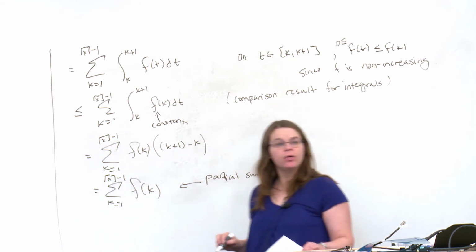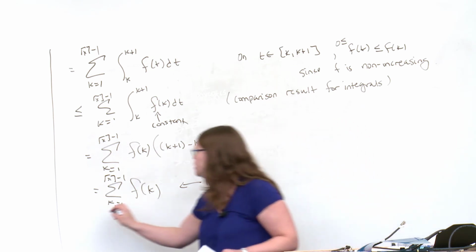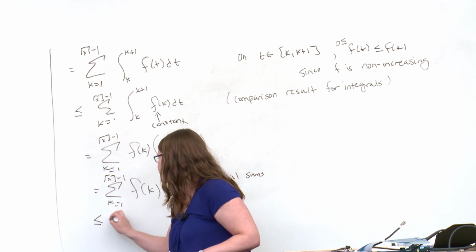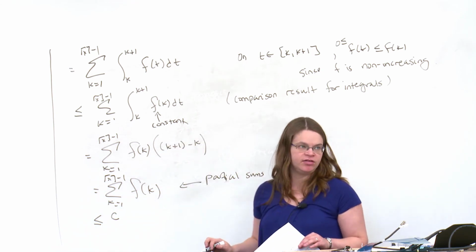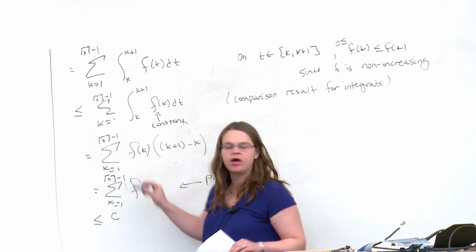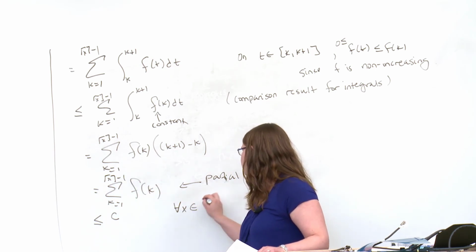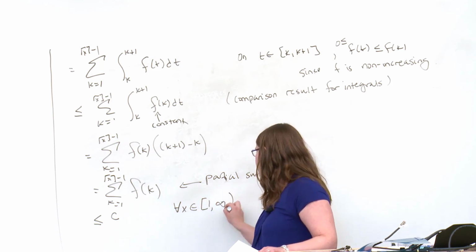Now we started out by saying we know these partial sums are bounded by c. This is always less than or equal to c, and it doesn't matter what x is. Doesn't matter how big this number is. These are always less than or equal to c. So I'm going to say this is true for all x, no matter how big.